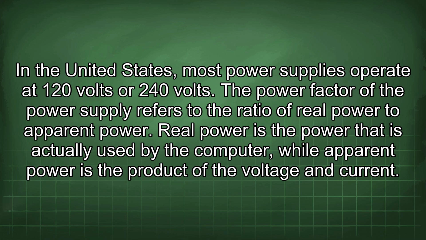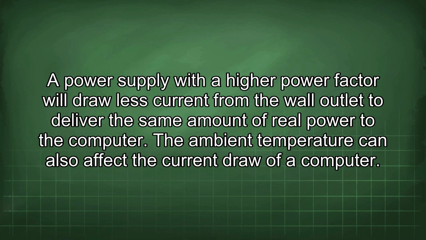The power factor of the power supply refers to the ratio of real power to apparent power. Real power is the power that is actually used by the computer, while apparent power is the product of the voltage and current. A power supply with a higher power factor will draw less current from the wall outlet to deliver the same amount of real power to the computer.